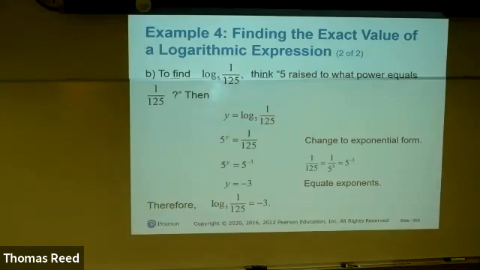Knowing that 625 is 5 to the 4th power is extremely helpful because that shows up a lot. 25 squared is the same as 5 to the 4th power. So that comes in handy.